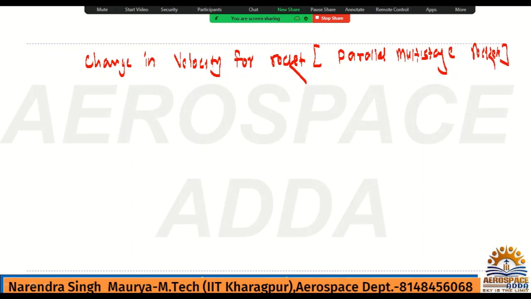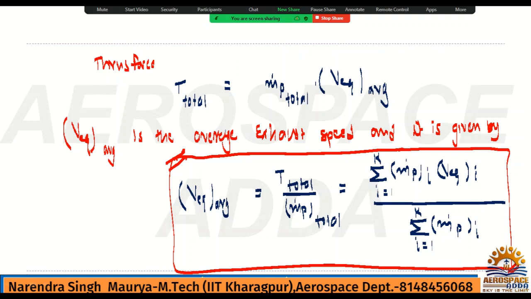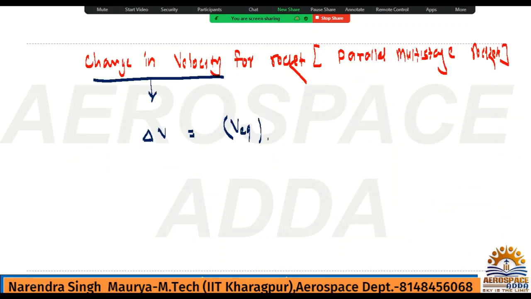Because that is your ultimate goal, you did the same for series multi-staging also. What is the change in velocity? It is delta V. Now what will be the delta V? Delta V will be V effective exhaust velocity into, and this effective exhaust velocity will be the average, and then ln m naught by mf. That's all.